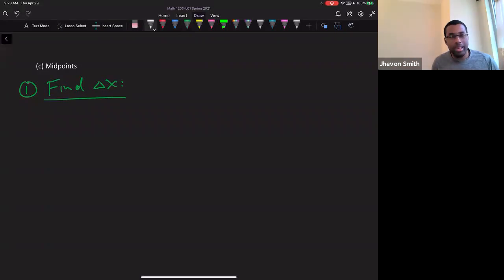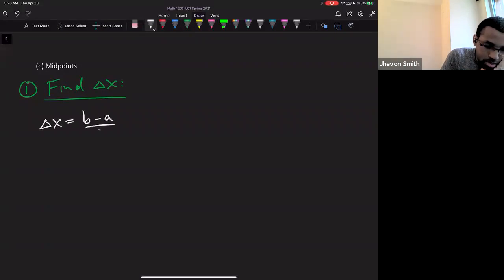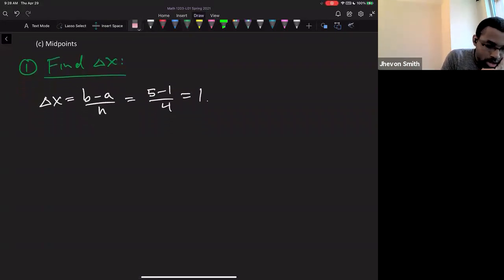So I know we found delta x, but I want to do each problem completely. Okay, so find delta x. We have delta x equals b minus a over n. This you would get from the problem. It's 5 minus 1 over 4. It's 1. Okay, cool.